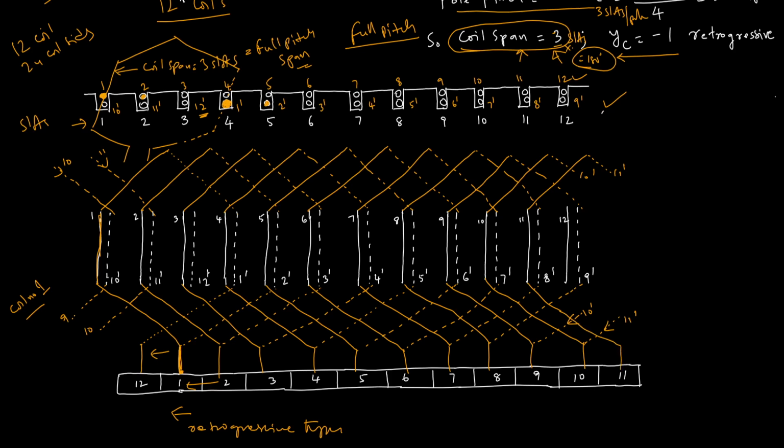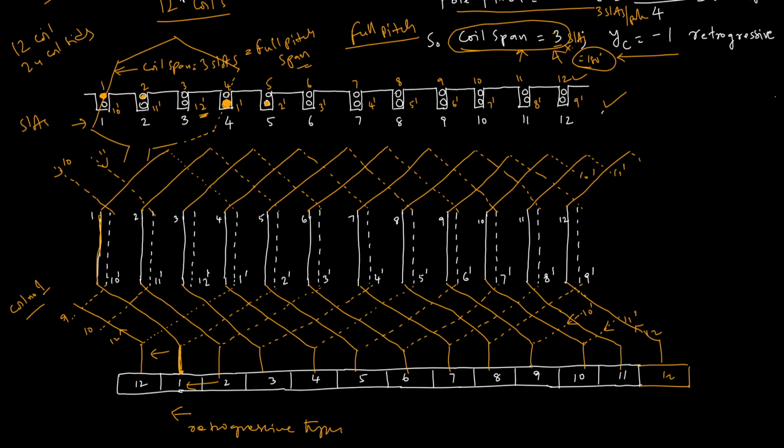Yes, this is correct. So 11, fine. And finally 12. 12 should be connected to, so this is 12 here, and this is connected to 12. Let me draw 12 also here.